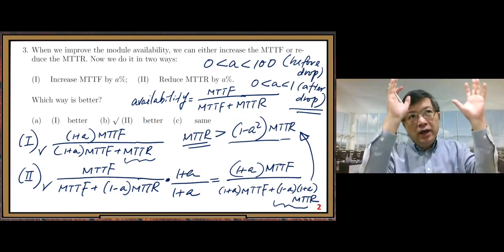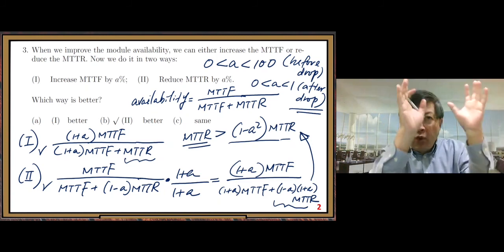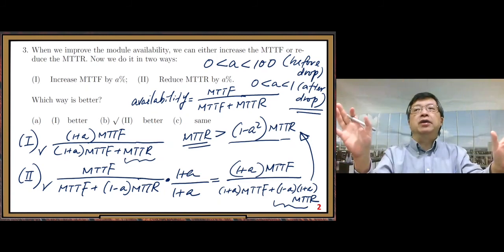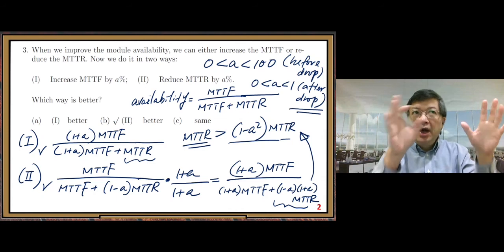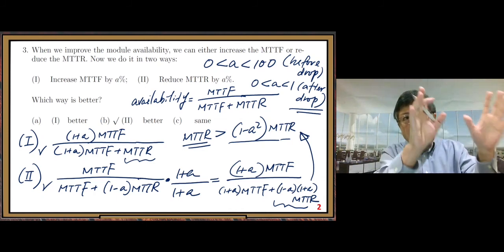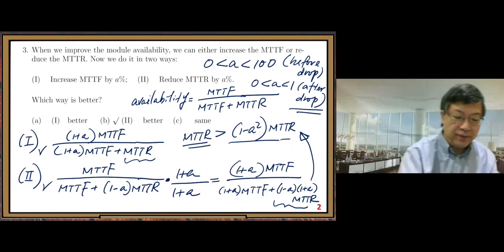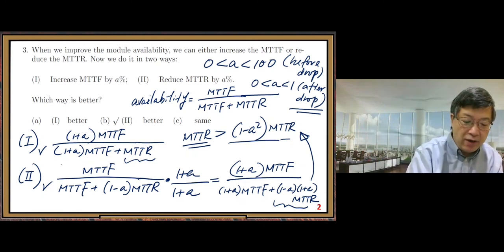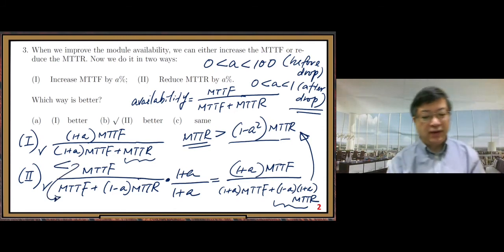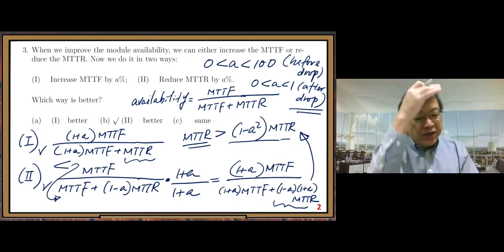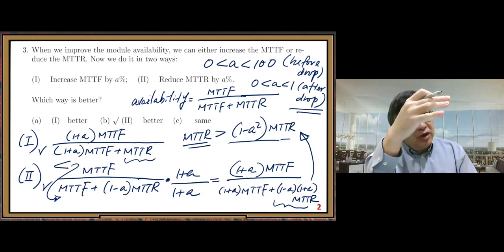That means case 1 value is smaller than case 2 value, so case 2 value is larger.